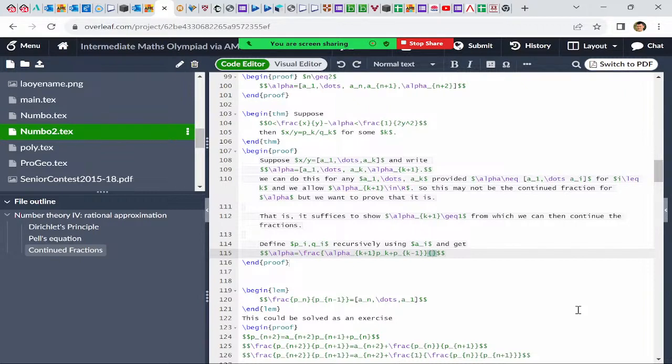So we should probably check that this actually does work at some point for complex continued fractions even.